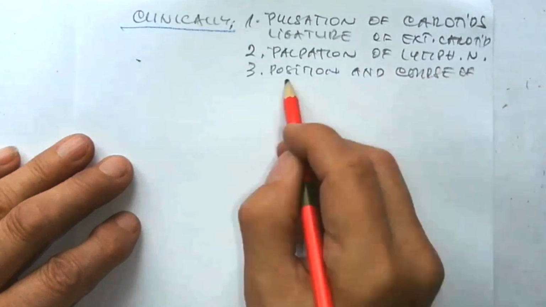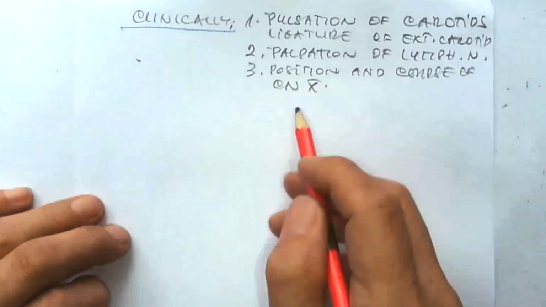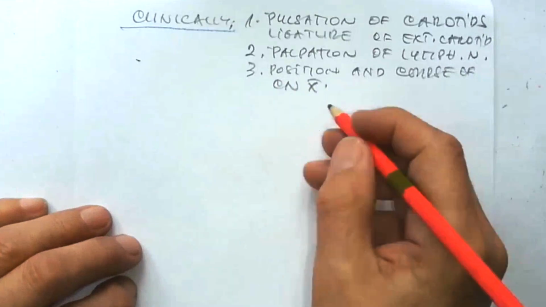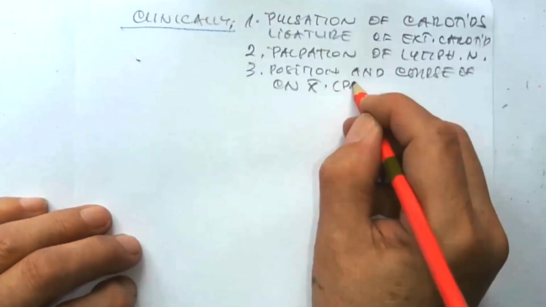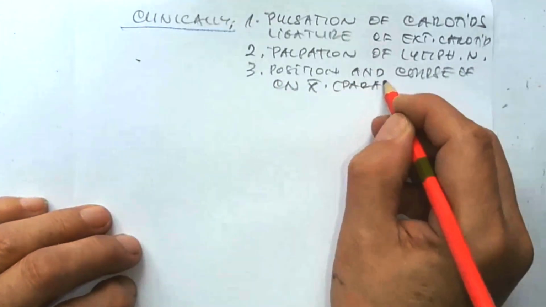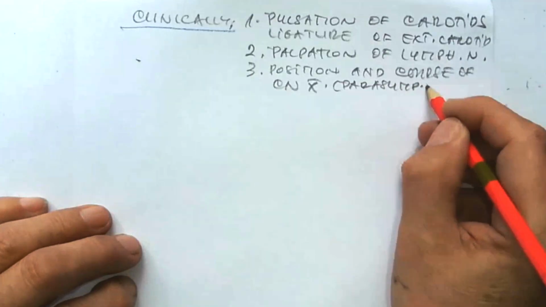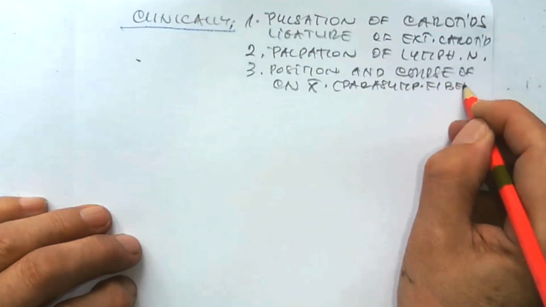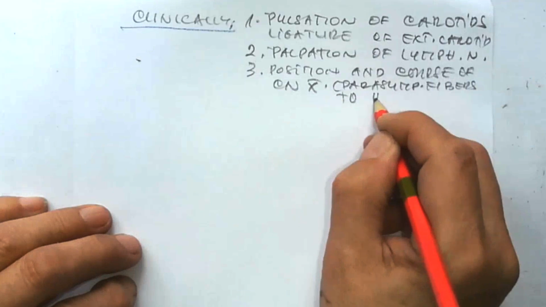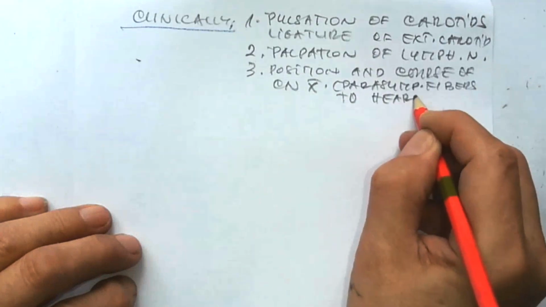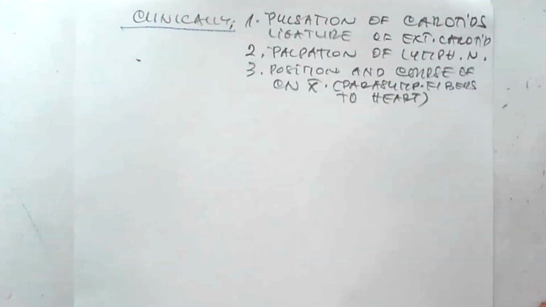Then important is the position and course of the cranial nerve number 10. We know that it contains parasympathetic fibers to the heart. The parasympathetic fibers decrease the action of the heart.